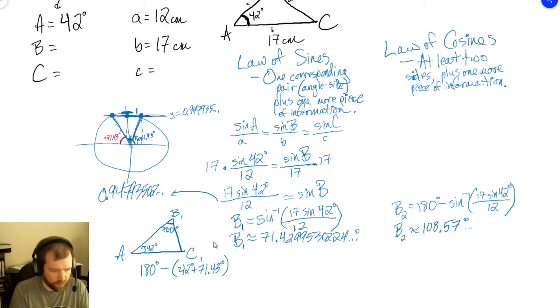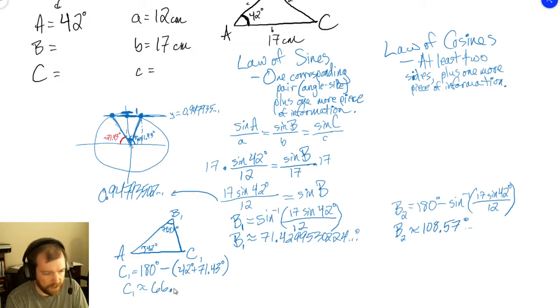So this is going to be 42 plus B, and then we're going to subtract from 180, and it comes out with a value of C1 that is very approximately 66.57 degrees. I'm going to store that value to C in my calculator.